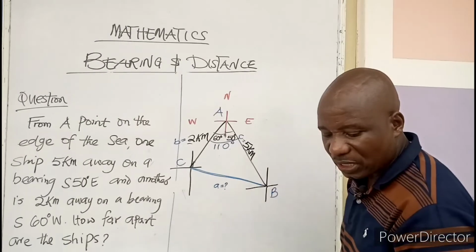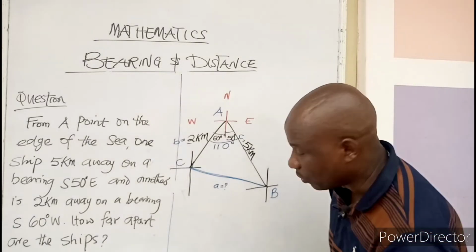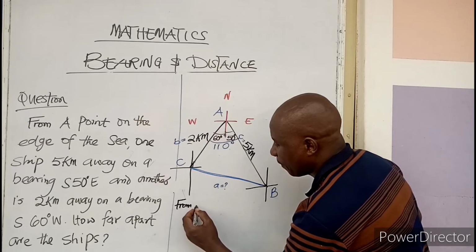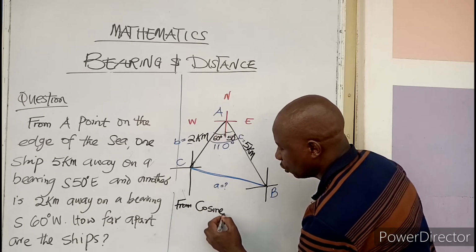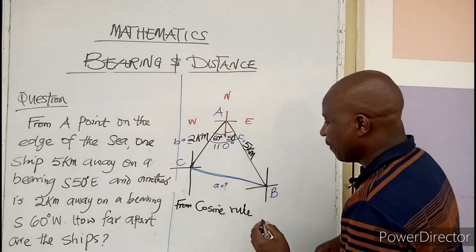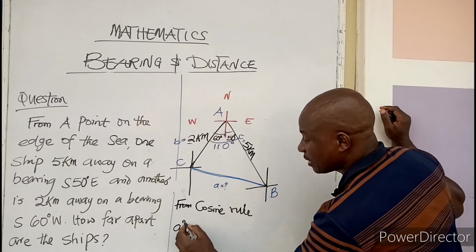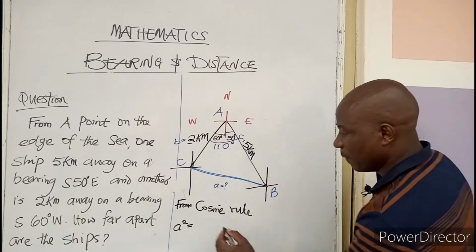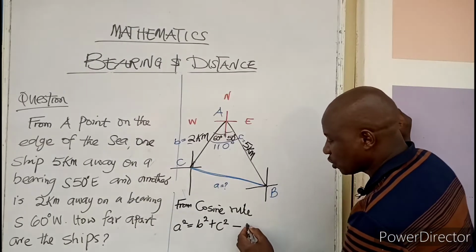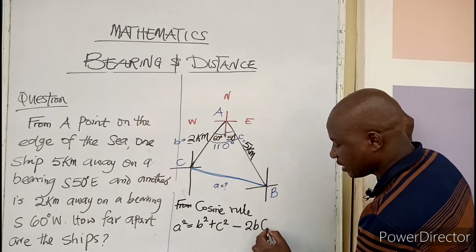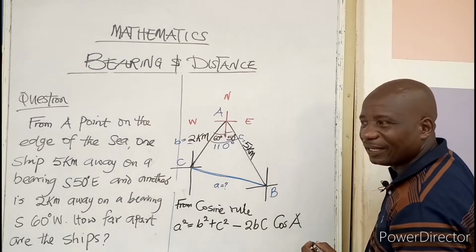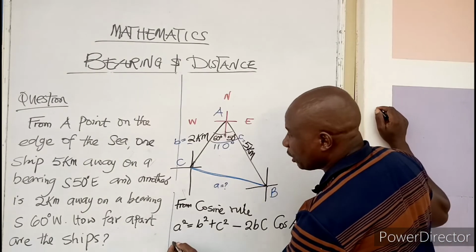Now let us use our cosine rule. From the cosine rule, of course, what are we having? We are having a squared is equal to b squared plus c squared minus 2bc cos A. Now, what's our a squared?